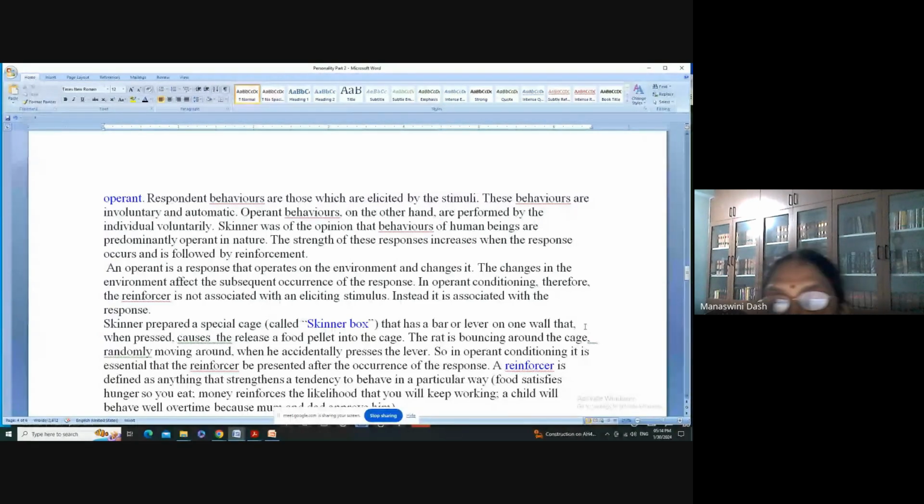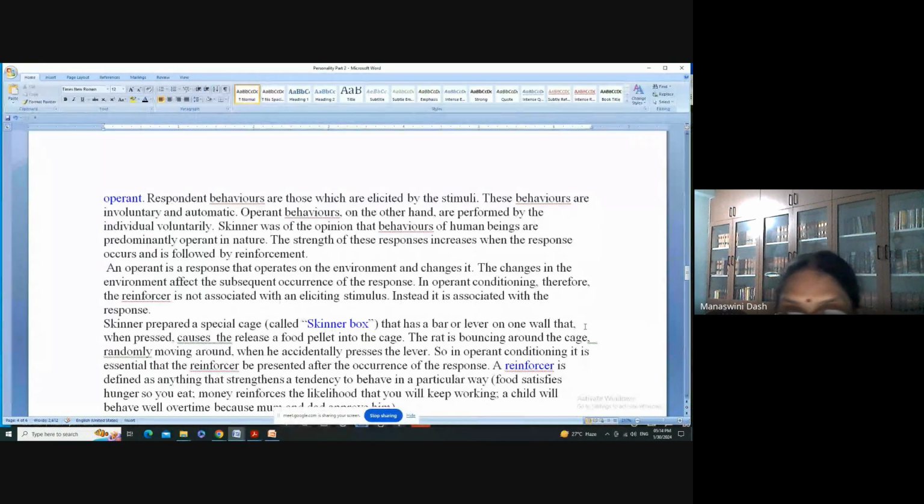When the rat is left inside the cage, it makes random movements, and accidentally the rat presses the lever, and when the lever is pressed, a food pellet is released, so the rat receives a food pellet.